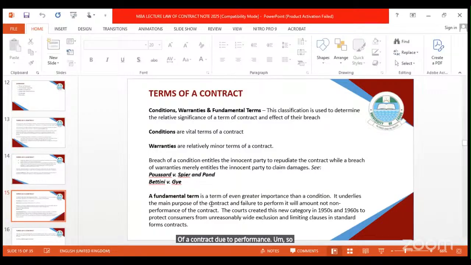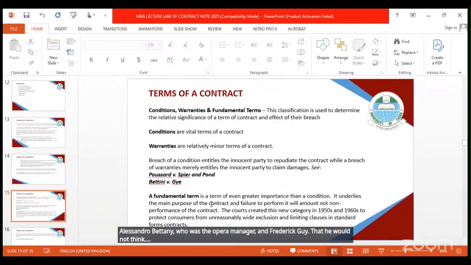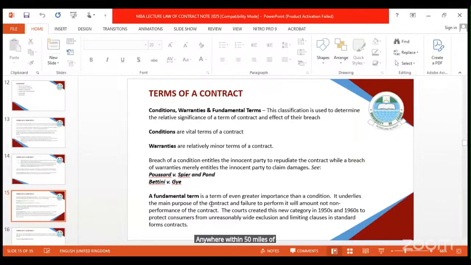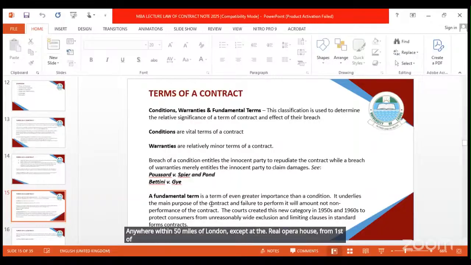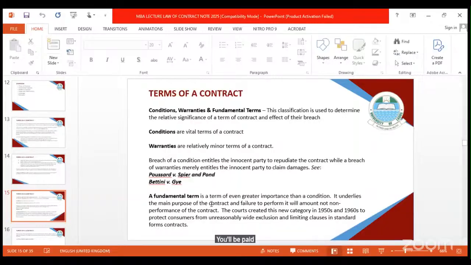There was a contract between Alessandro Bettini, who was the opera singer, and Frederick Guy, the opera manager, that he would not sing anywhere within 50 miles of London except at the Royal Opera House from 1st of January to 1st of December. He would be paid £150 to perform between 30th of March and 13th of July, and he must be in London without fail 6 days before rehearsals.